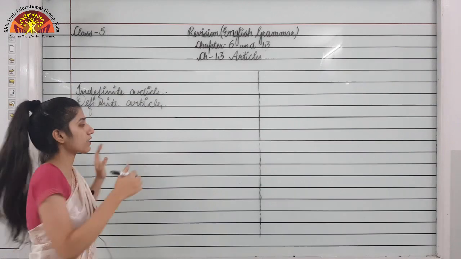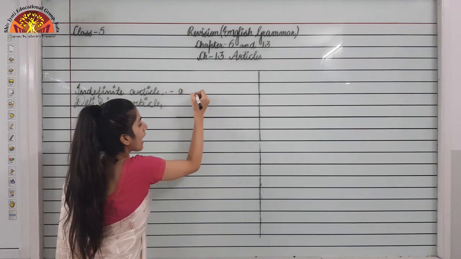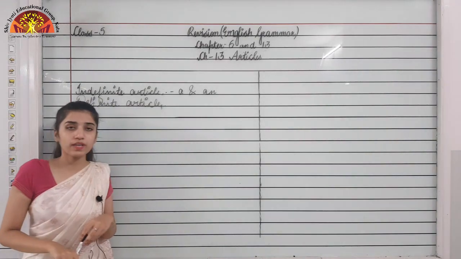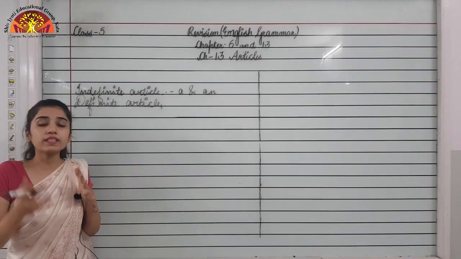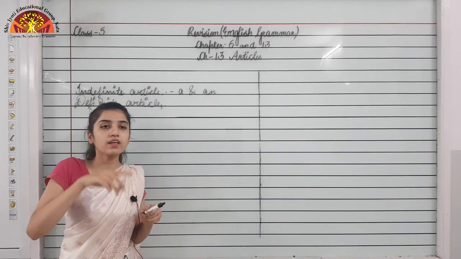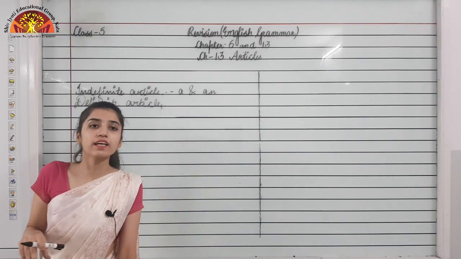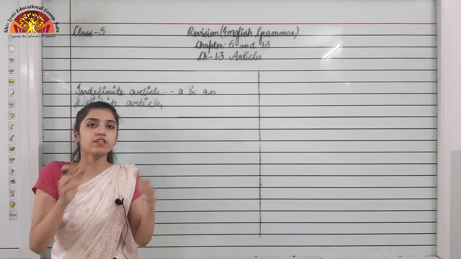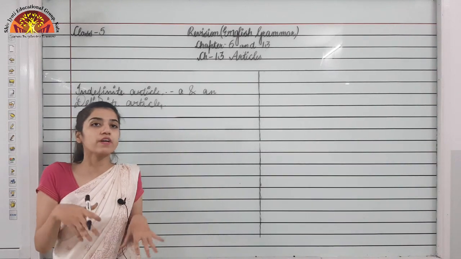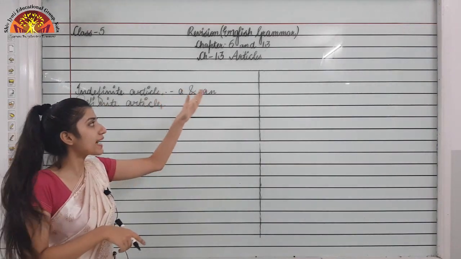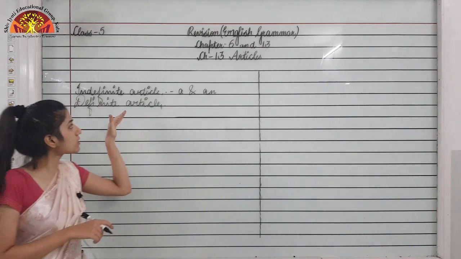So a and an are indefinite articles, and they are used to refer to general things. When we are talking about general things, and we are not particular about them, then we use the indefinite articles, a and an.